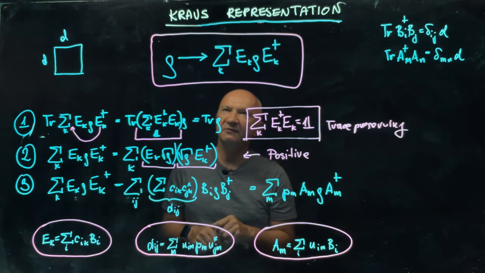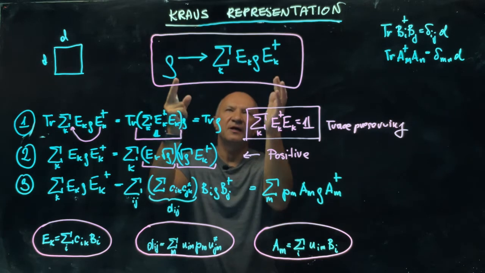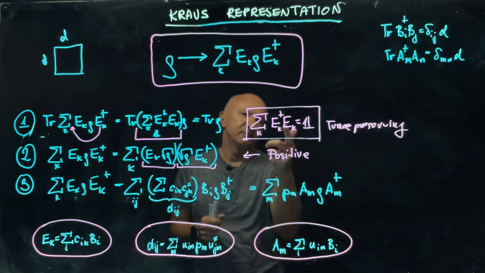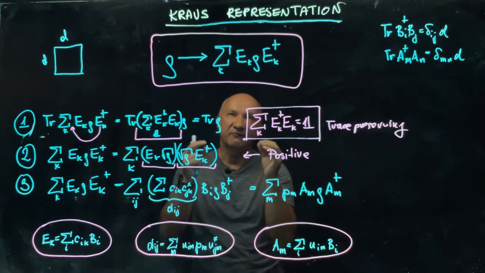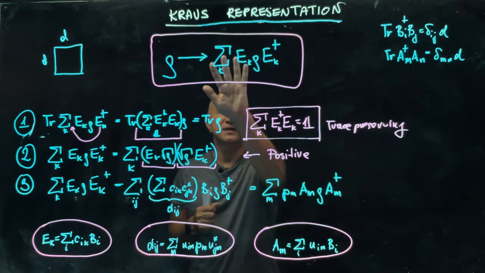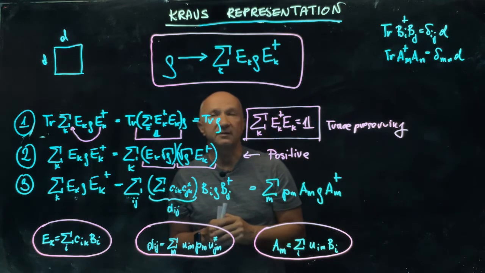Now, the final question is, given this map, it's a well-defined map. Once we specify the Kraus operators, and if we request this condition, we have a well-defined positive trace-preserving map. Then the question is, can we choose any other set of Kraus operators? The answer is yes, actually we can.